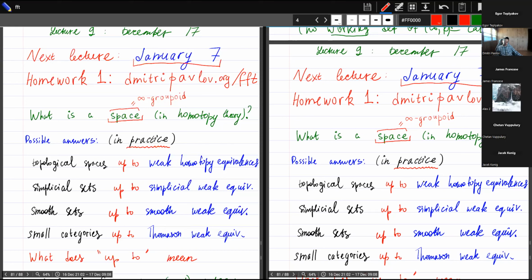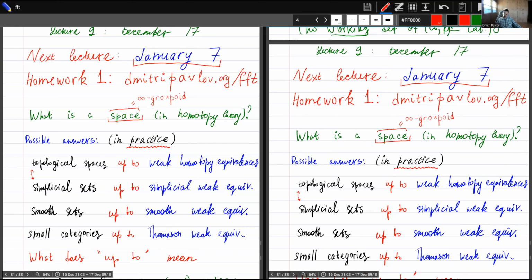And of course, the resulting equivalence, for example, between topological spaces and simplicial sets could be interpreted as a version of the homotopy hypothesis. But not stable. We are not talking stable yet. All right, so weak homotopy equivalences are just continuous maps of topological spaces that induce isomorphisms on homotopy groups.